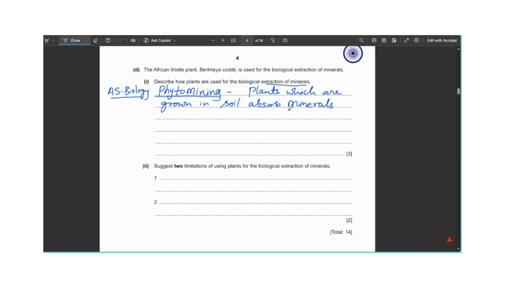Okay, plants absorb minerals from the soil. That is the first point. Second point, how do we extract them?